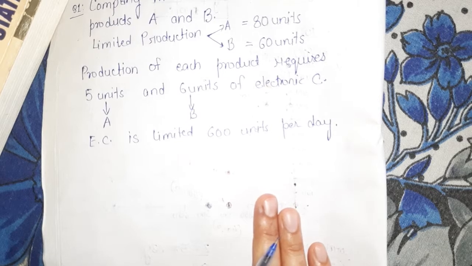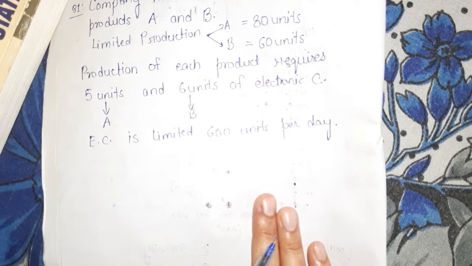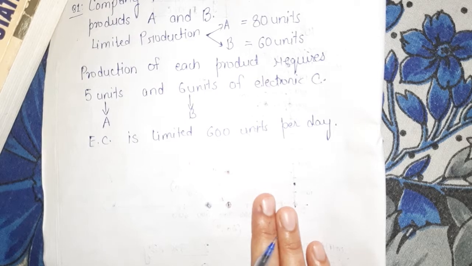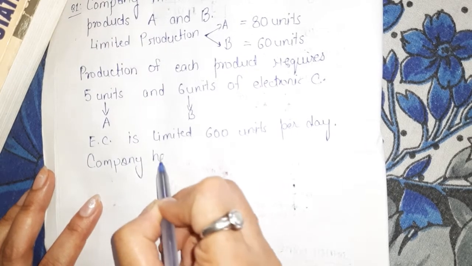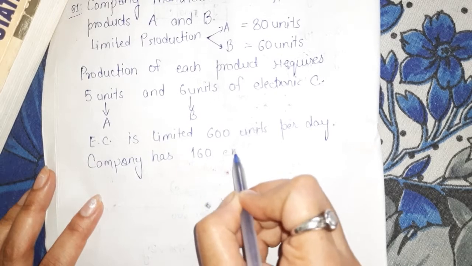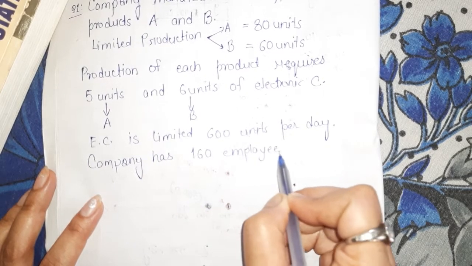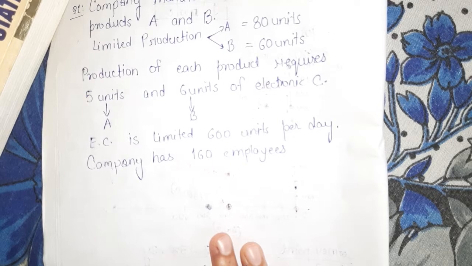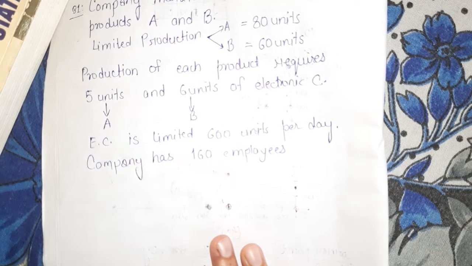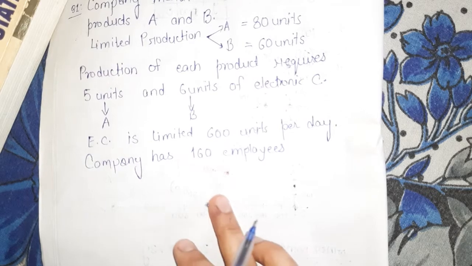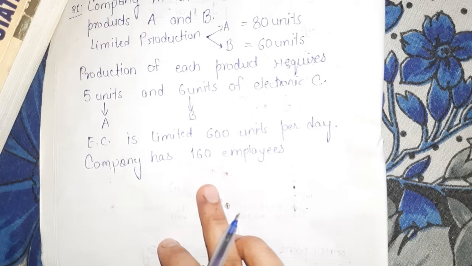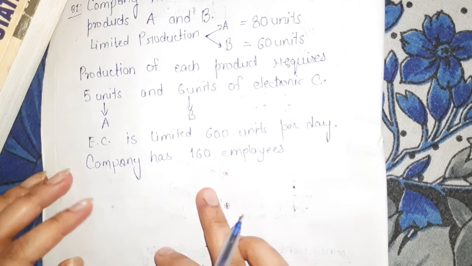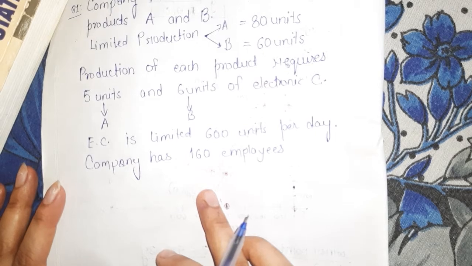Next, the company has 160 employees. That is, the labor supply amounts to 160 man days. So the company has 160 employees in total, and the production of 1 unit of product A requires 1 man day of labor and the production of 1 unit of product B requires 2 man days of labor.